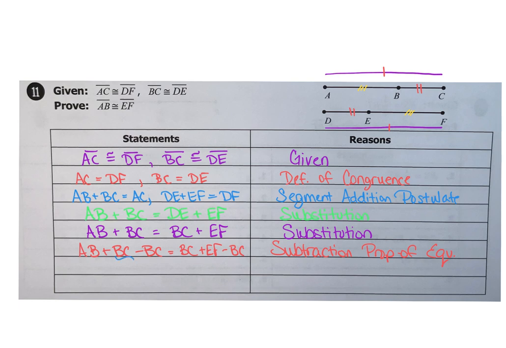When I simplify that, I'm just going to get AB. When I simplify these, I will just get EF. And that is just simplifying both sides. And then I can go to my final piece, which is line segment AB is congruent to line segment EF. And that is definition of congruence.